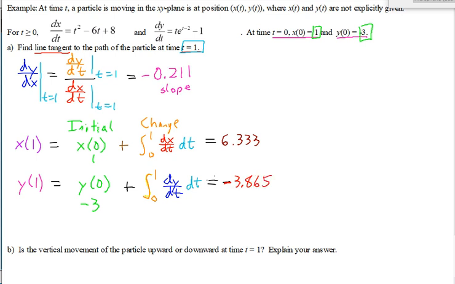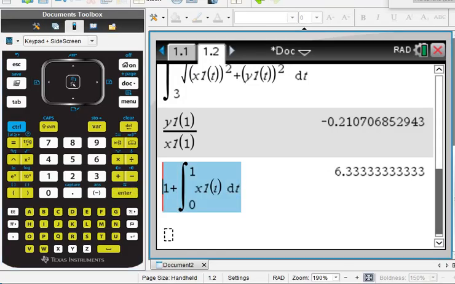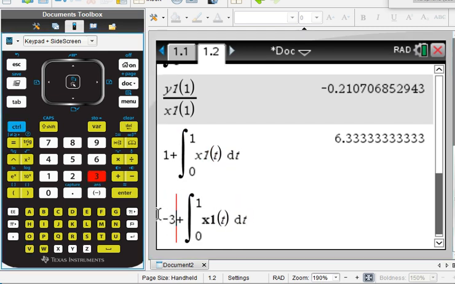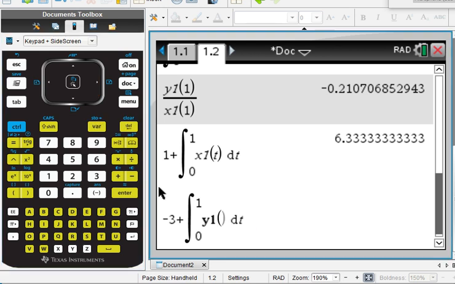And again on the Inspire, if you want to copy and paste you can. I'm not sure how much time it saves here really, but you could. And just change this to a negative 3. And then just delete x1 and put in y1 and t.